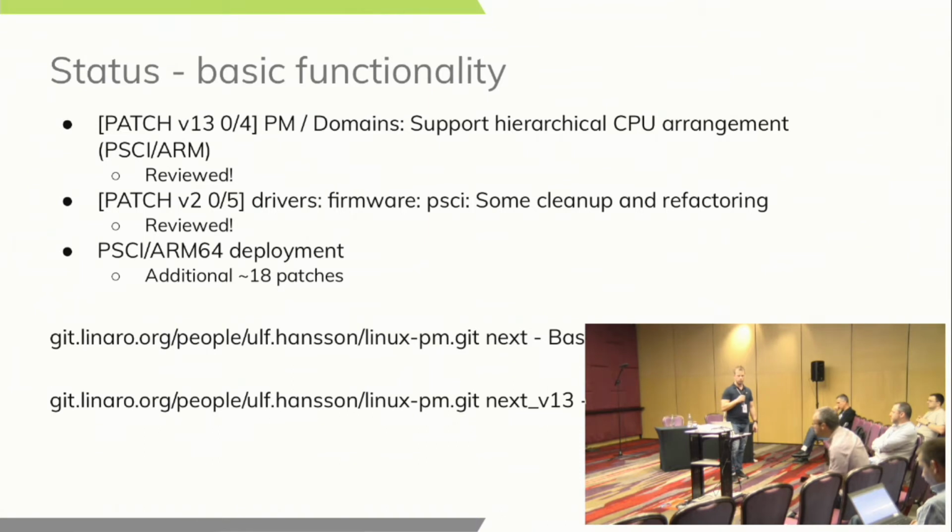And if you want to play with this, there are a couple of Git branches that you can use. The next branch that I'm pointing to here is the branch that we are using in our integration tree for power management, the power management working group, where we share our work-in-progress things.